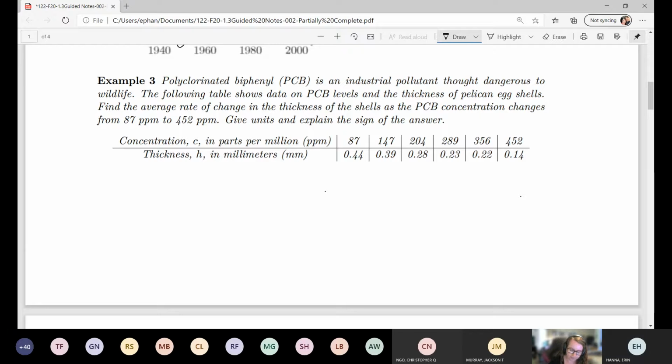So one thing I want to say is something about this phrasing. Find the average rate of change in the thickness of the shells as the PCB changes. Now this one nicely falls out in the way you want it to, but if it's ever phrased like this, you want to triple check that you're doing it in the way that they're asking for.